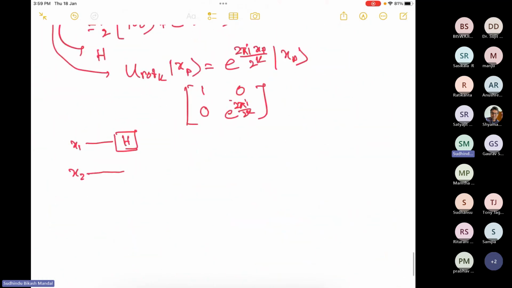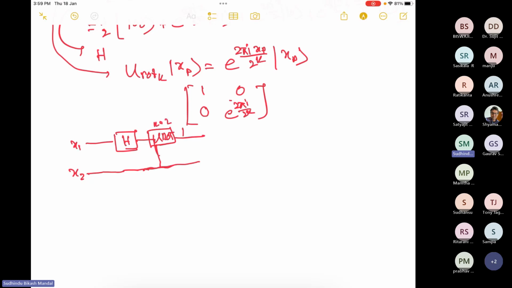That's why we require here, sorry, that will be the control, this one unitary, U rot. And what will be the value of k? The value of k will be your x2, that's why the value of k is 2.